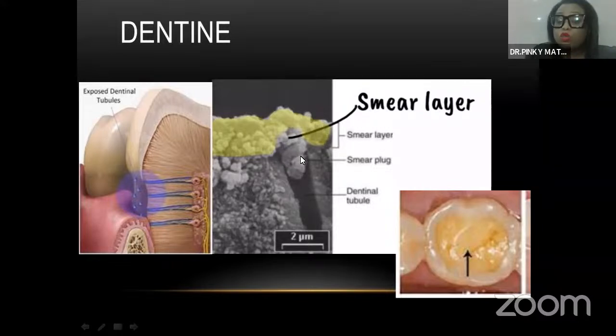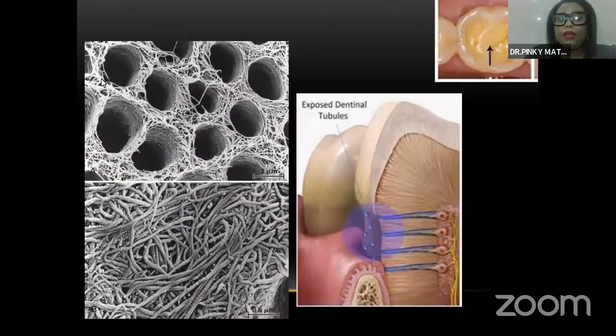Along with removing the smear plug, whatever peritubular collagen had water, that water is also going to be washed out. Once this water is washed out, the collagen fibers, which were standing like walls with the smear plug covering the tubules, are going to collapse because they don't have the matrix in which they were suspended.